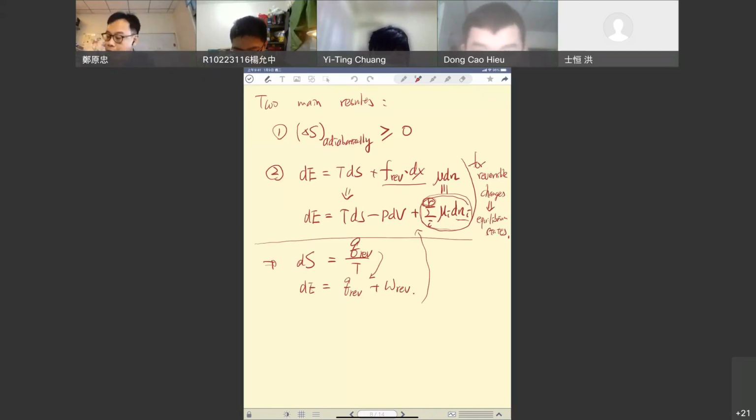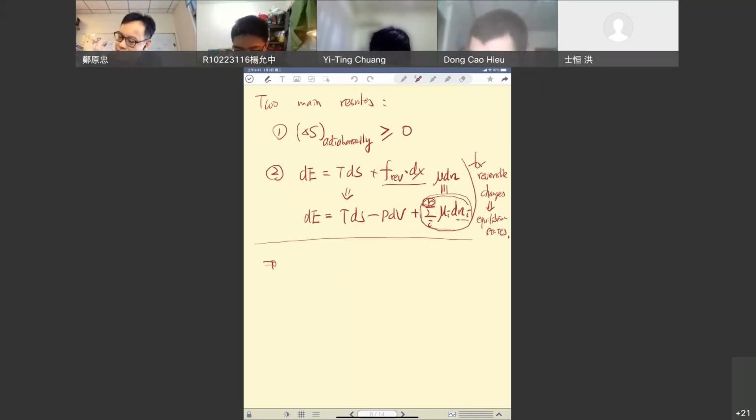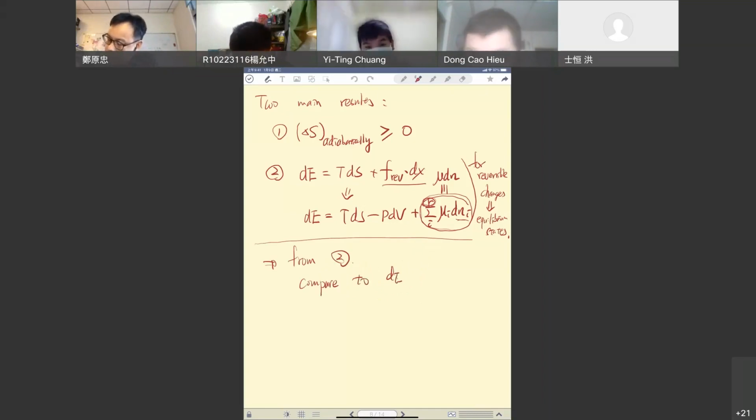Yes. Okay. The problem is actually it's the opposite direction. Now from equation 2 we can derive this. From 2 we compare, and very clearly this part is the reversible work.